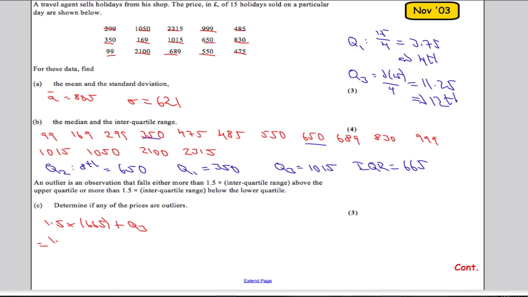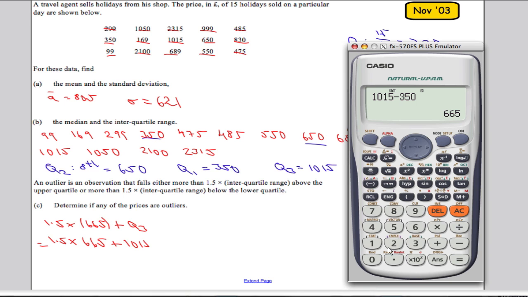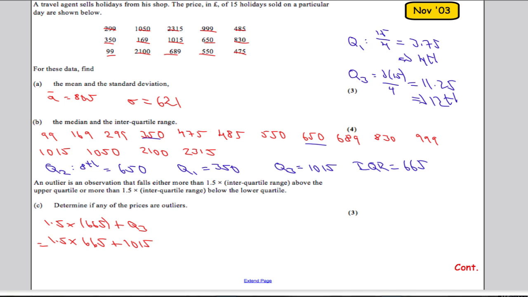So that's 1.5 times 665 plus the upper quartile, which is 1015. So 1.5 times 665 plus 1015 gives me 2012.5.